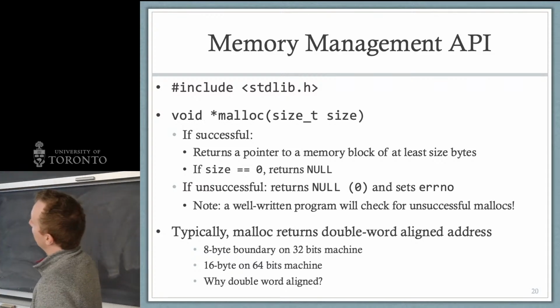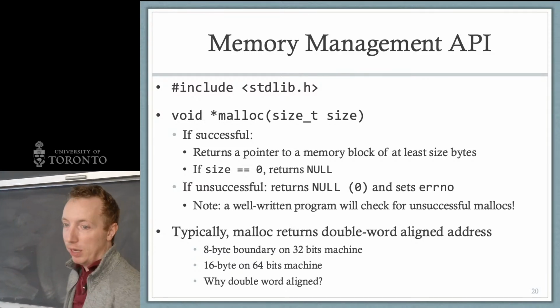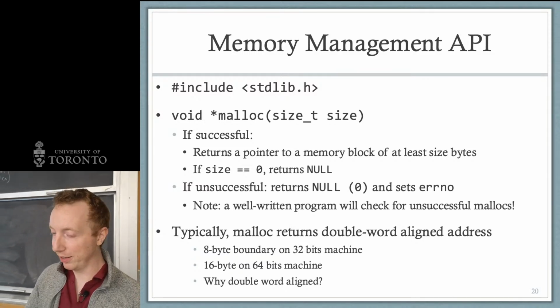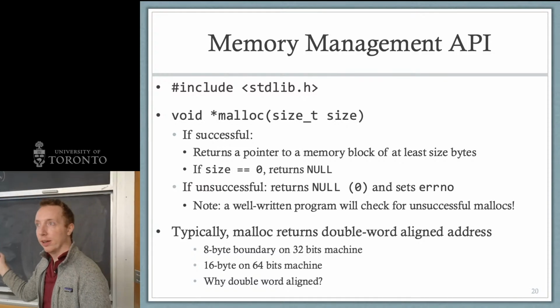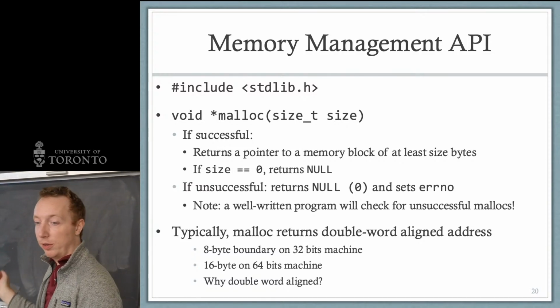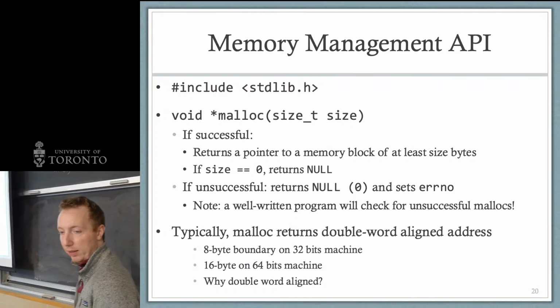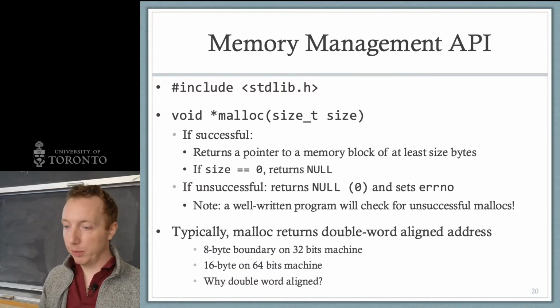So, memory management. Everyone loves using malloc. You tell it a size. If it's successful, it returns a pointer to that new block of memory, at least size bytes. If size is 0, it returns null.